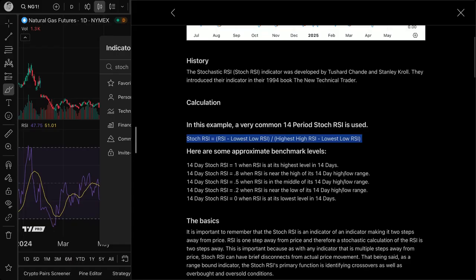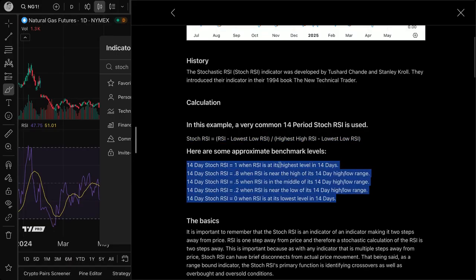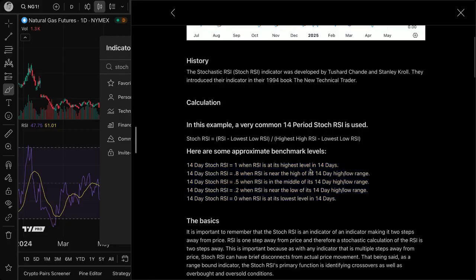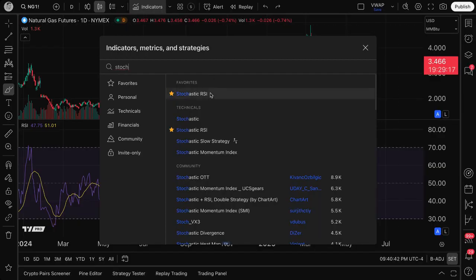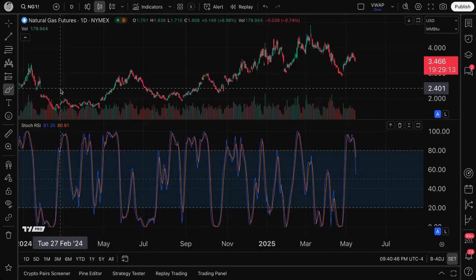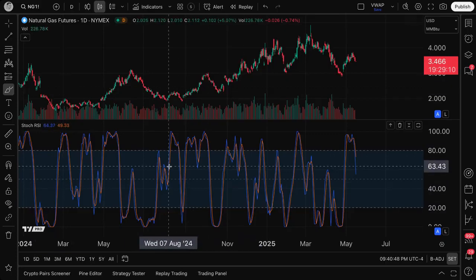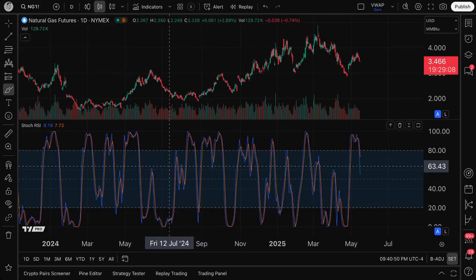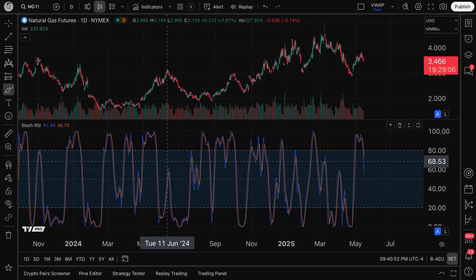Now you know. And then, of course, there are some ways that you can read it. One, when RSI is at its highest level in 14 days, 0.8, when RSI is near the high of its 14-day high-low range. And on you go. Now, these numbers, by the way, I'm just going to click stochastic RSI, I'm going to delete RSI, are shown to you right here on this specific visual of stochastic RSI.